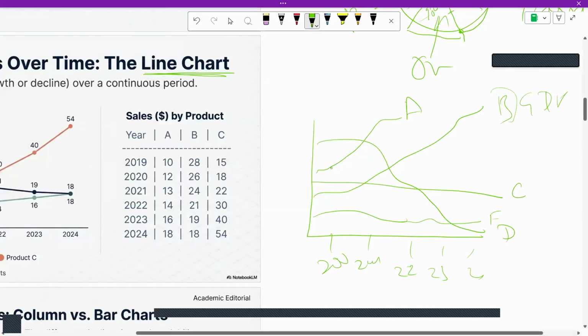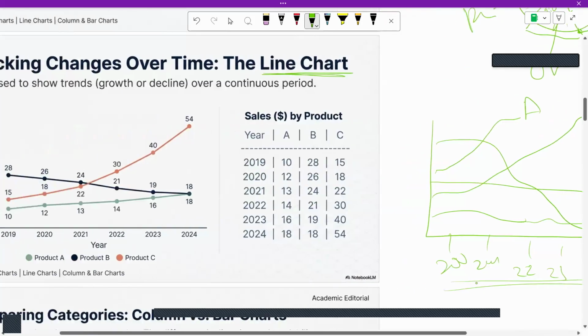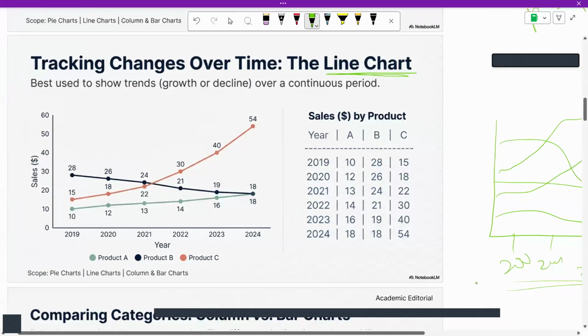Country B has an upward trend, and A is also growing. But country C is flat, and country D's GDP has fallen very fast during the past 5 years. For this purpose, we mostly use a line chart.